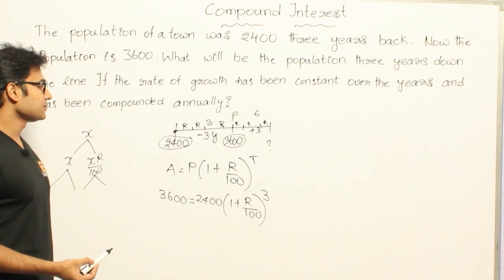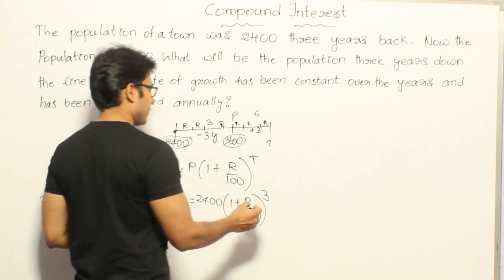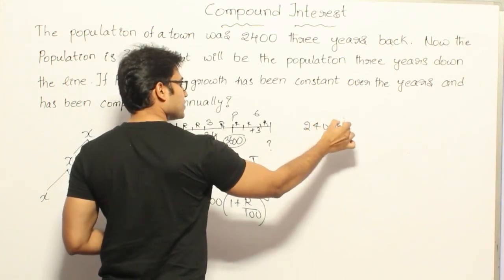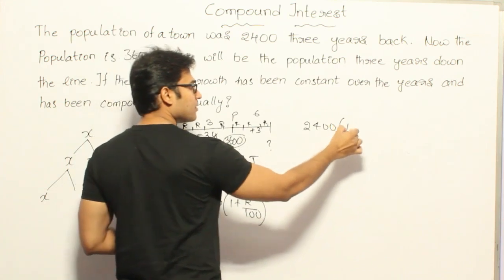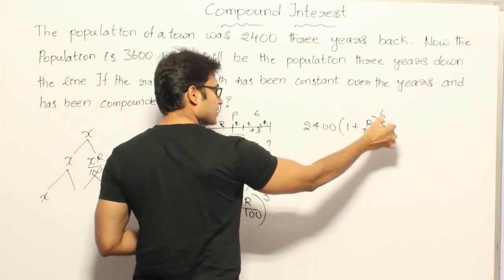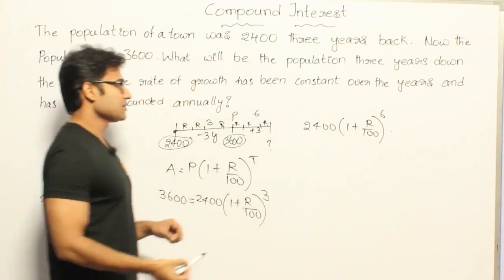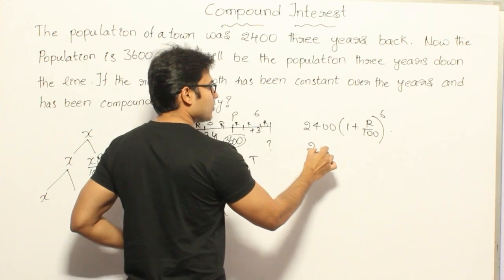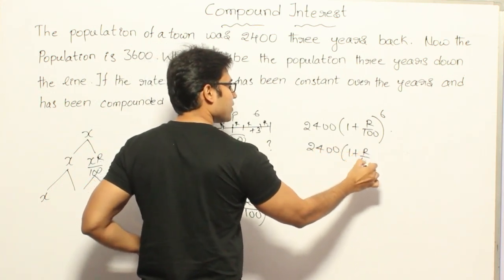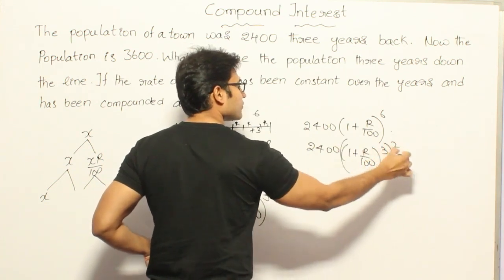And now they are asking what would have happened if 2400 is compounded at the same rate R/100, the rate is the same, for 6 years. This is what is asked. Now if you observe this, we could write it this way: 2400 into (1 + R/100)^3, whole squared.